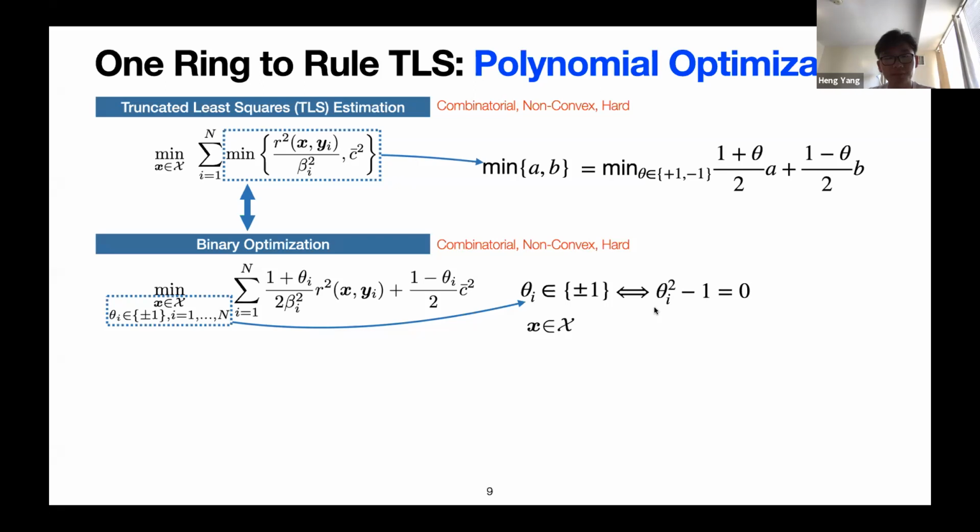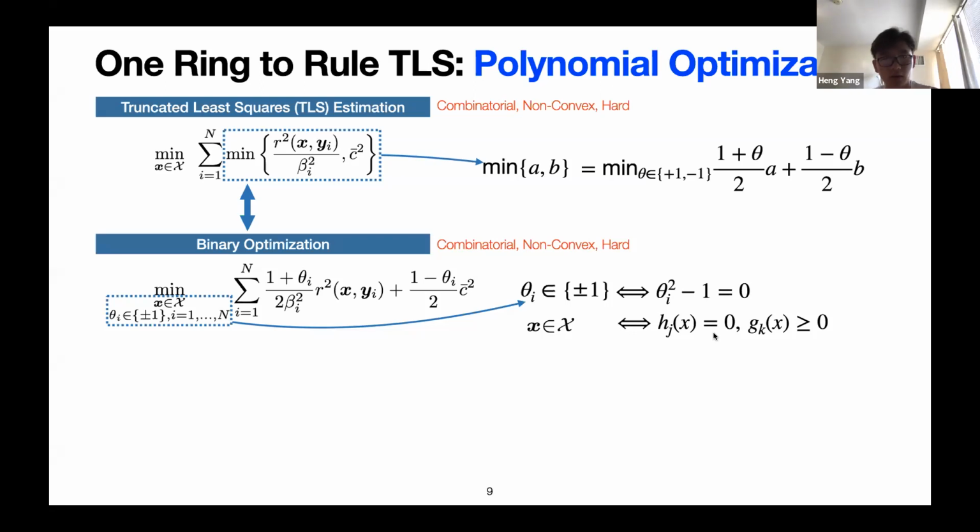One also realizes that for common geometric perception problems, x is usually rotation matrices or translation vectors, and they usually live in a space, calligraphic X, that can be described using a bunch of polynomial constraints.